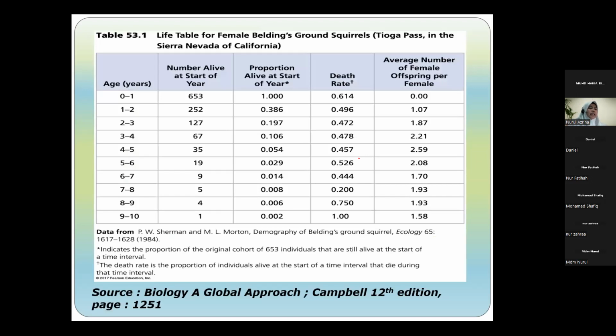Okay, another example, right? A table of the Belding squirrel yang tadi tu, inilah dia. From age 0 until age 10. And this is the number of alive or survival. So you can see that the number of survivor at early age is higher and it reduces constantly over increase of age. Okay, so itu maksud dia.